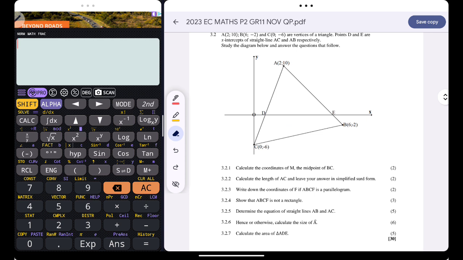The midpoint of line BC, it will be somewhere there, né? That's M. For us to find M, there is a formula there in the back of our question paper. It's x1 and x2, y1 and y2.